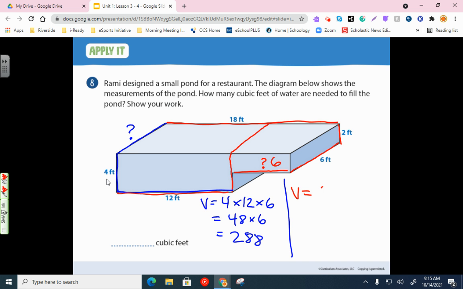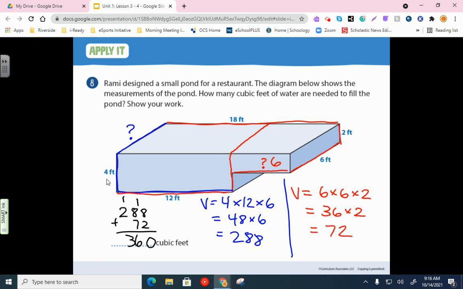So the volume for this one will be 6 times 6 times 2. That gives me 36 times 2. And that gives me 72. And to get our final answer, we're going to add 288 plus 72. And that will give me 360 cubic feet.